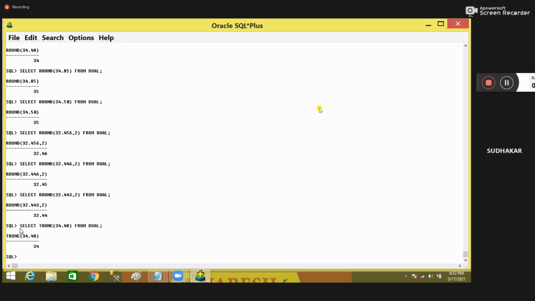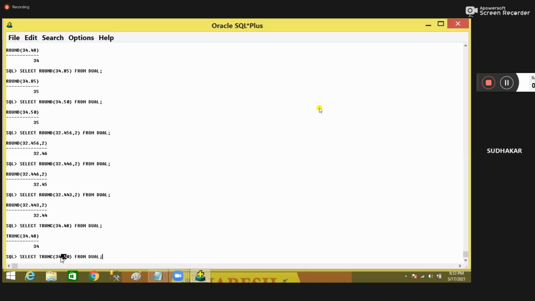Now the same thing, guys, let you see the same 34 with a decimal. Suppose I'm giving 34.5 from dual. In the round function, if I give 34.50, the 0.5 is considered, that's why 1 is added, 34 plus 1, 35. But here, 0.5 is not considered.